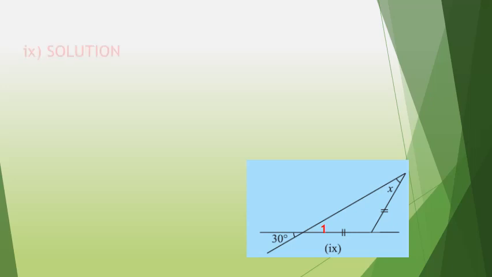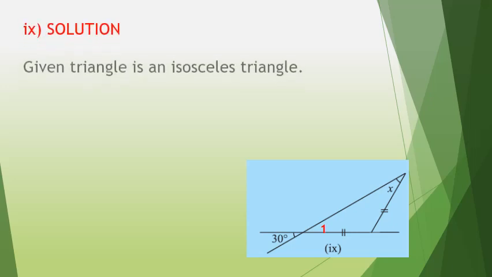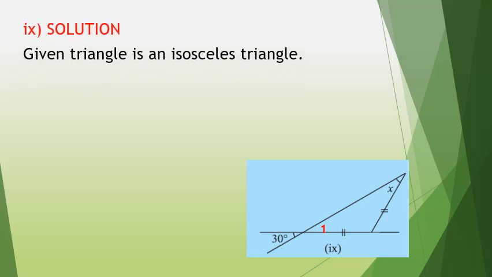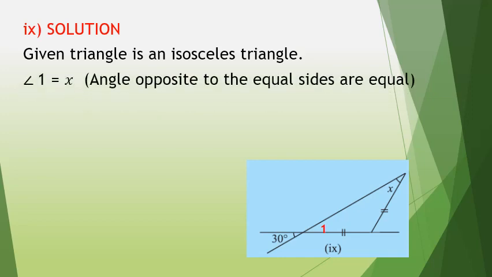Next, question number 9. Given an isosceles triangle and one angle is given as x degrees, so we can mark the angle opposite to the equal side as angle 1. Hence by the property of isosceles triangle we get angle x equals angle 1, or angle 1 equals x.